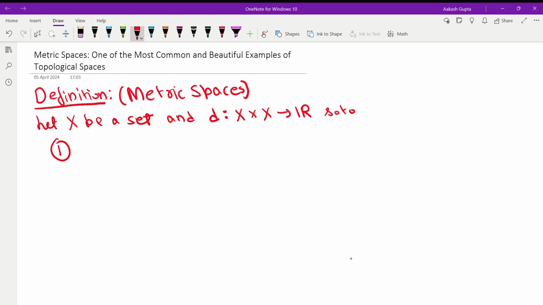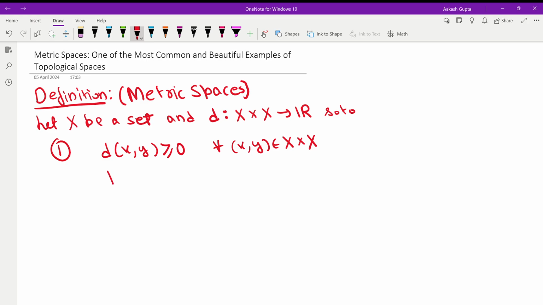So what are those things? d of x, y should be bigger than or equal to 0 for every x, y belonging to X cross X.